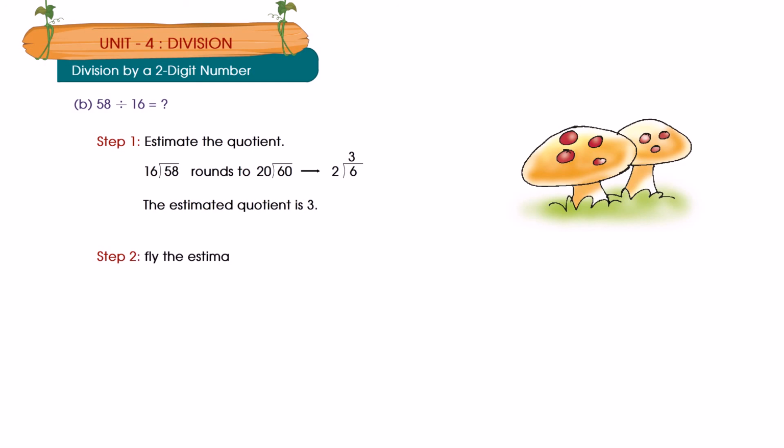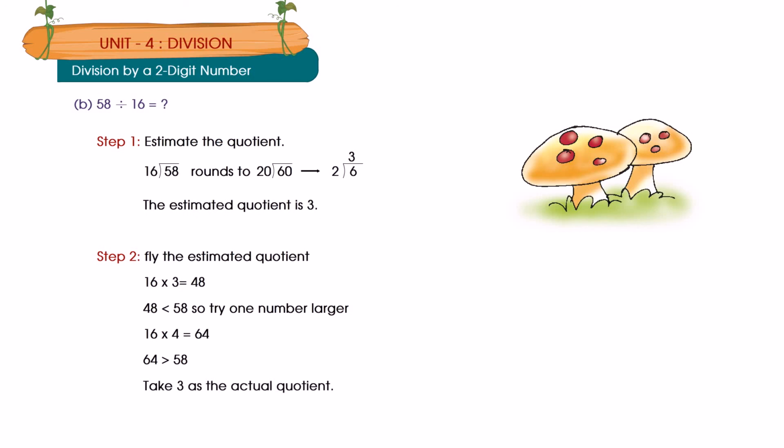Try the estimated quotient. 16 into 3 is equal to 48. 48 is less than 58. So try one number larger. 16 into 4 is equal to 64. 64 is greater than 58. Take 3 as the actual quotient.